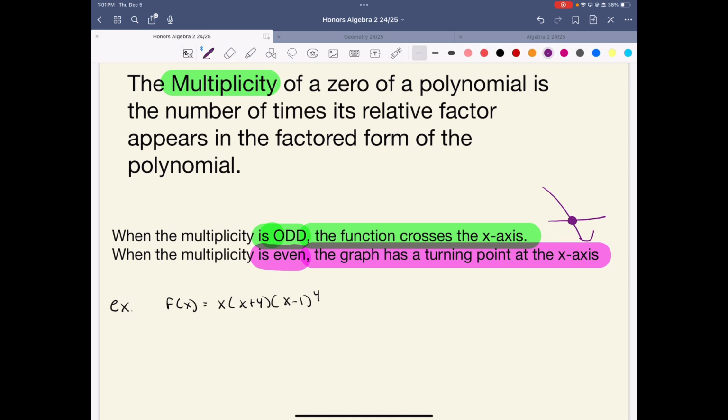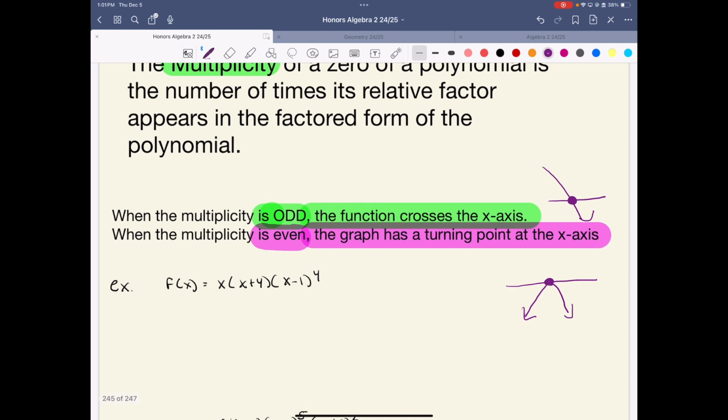Well, turning point, that's a mathematical term, of course. Use Enertson terms instead of mathematical terms. It's going to bounce off it. So the graph is going to bounce off that 0 if it has a multiplicity that's even. It just bounces off of it. That's called a turning point.